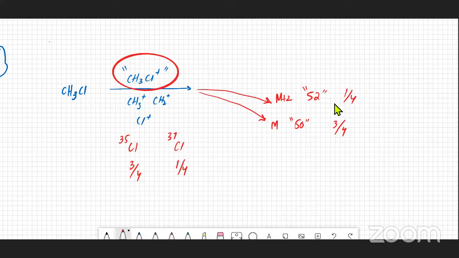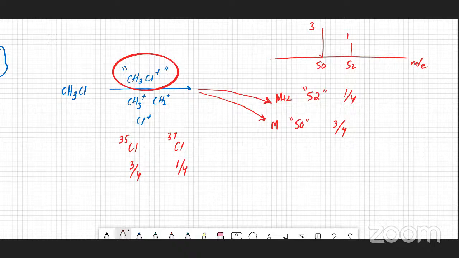So when you actually detect these particles, the M peak, which is the 50 peak, would be detected 3 times more. The particle which has a mass of 50 would have a relative probability of 3/4, and the particle that has a mass of 52, this is the mass to charge ratio, would have a probability of 1/4.